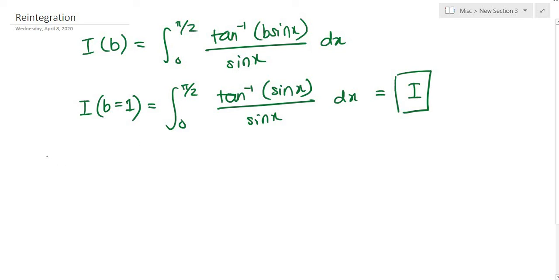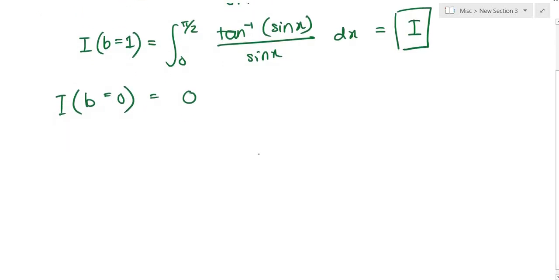So now notice that I of b, when b is 0, is just inverse tangent of 0 times sine of x, which is inverse tangent of 0. Inverse tangent of 0 is 0, so the integral of 0 dx is just 0. Now why is this so helpful? Why did we do all of this?